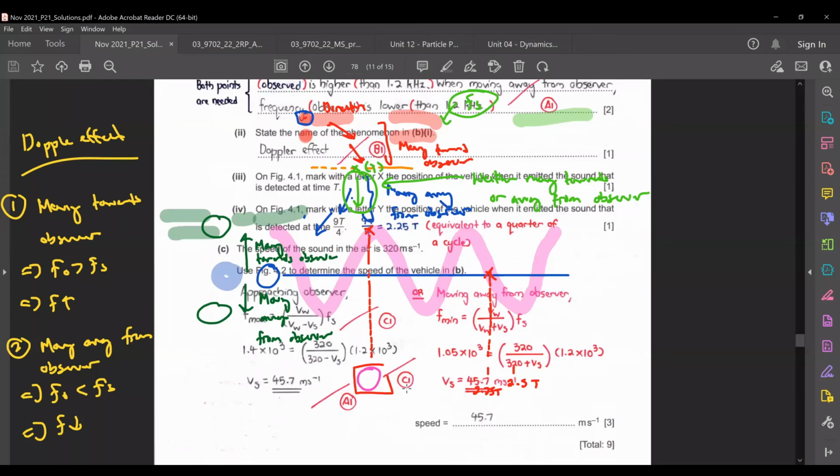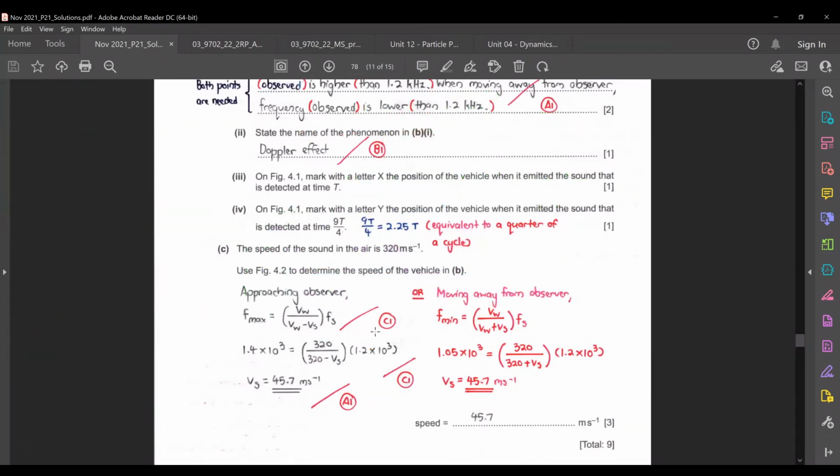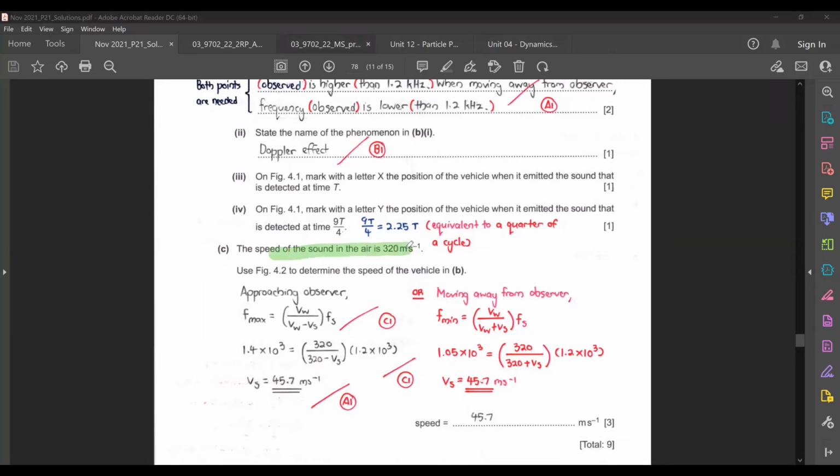Okay, so that one is okay. Then after that, there's one last part here. This one we can just do very quickly because it's just talking about the equation. Now they tell you that the speed of sound in the air is 320 meters per second. Use figure 4.2 to determine the speed of the vehicle in B. Right, so you have two different choices.